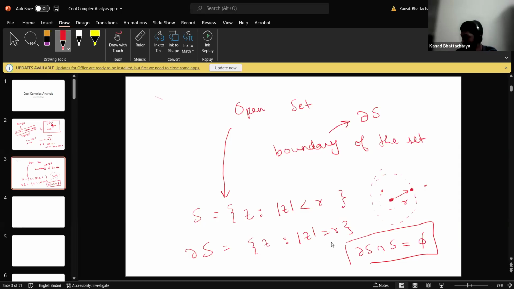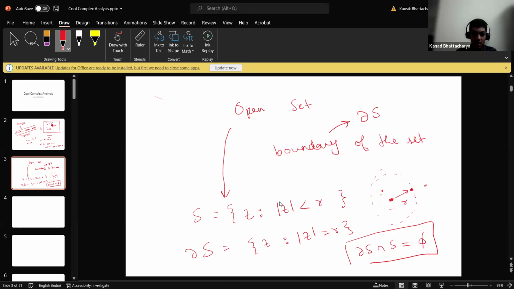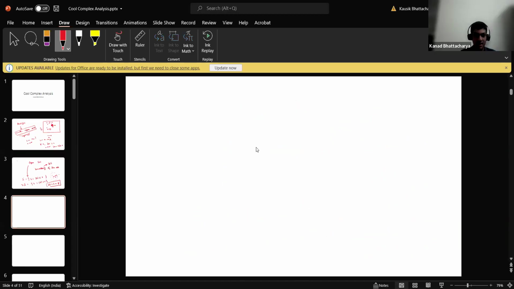So this is basically the definition that I'm giving of an open set. Is this definition of open set clear, or does anybody have any doubts? Can I just repeat this point? Did you understand the concept of the boundary of a set? Okay, so an open set, I'll just go to another slide.